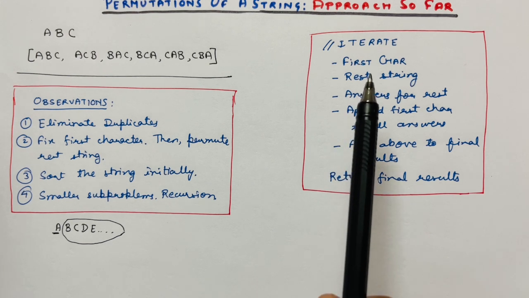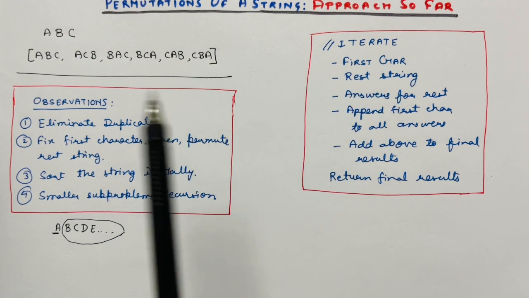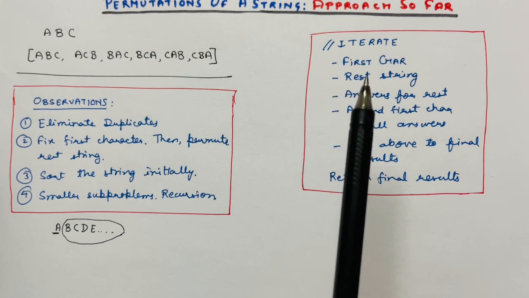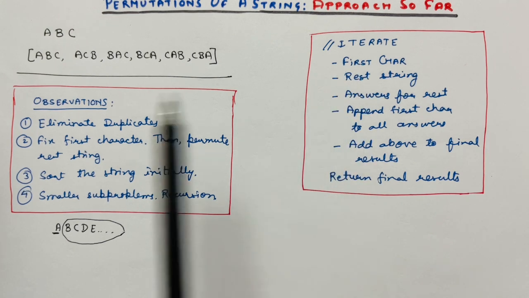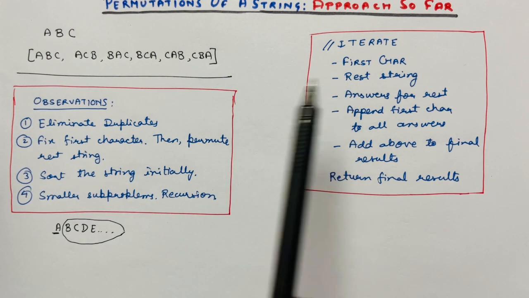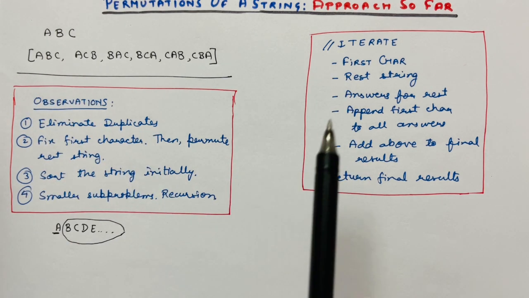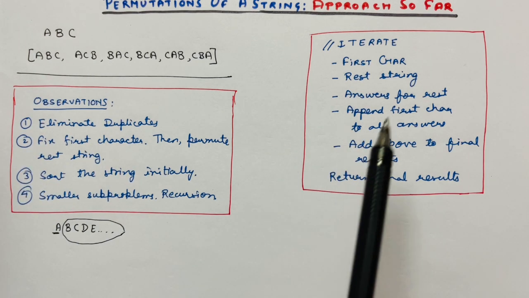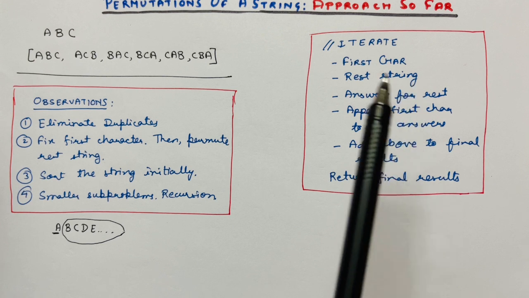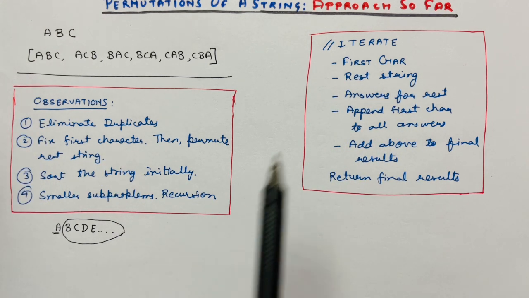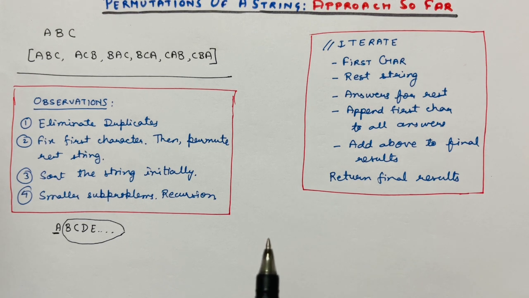We definitely have to iterate whenever we are given any string, and in every iteration, we will have one first character. For example, here in the first iteration, we will have A as the first character. In the second iteration, we'll have B as the first character, and in the third iteration, we'll have C as the first character. Once we have the first character, we need to figure out what is the rest of the string. For example, here if A is the first character, the rest of the string will be BC.